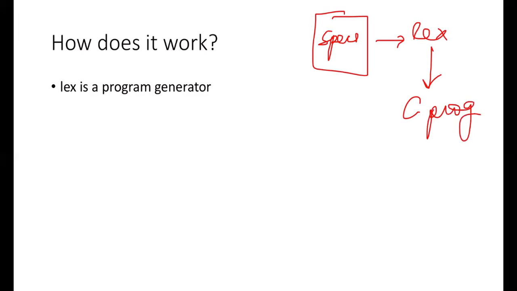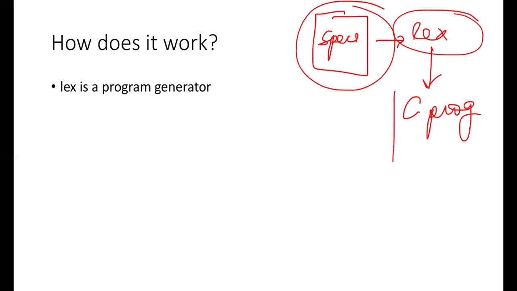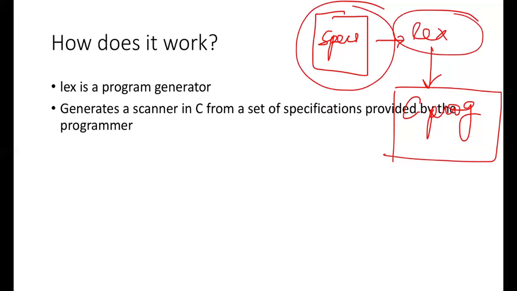So the actual program which is going to do this lexical analysis is not this or this, but it is the output of Lex, that is the C program. What Lex will do is generate a scanner in C from a set of specifications provided by the programmer.